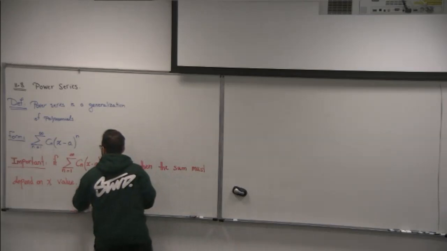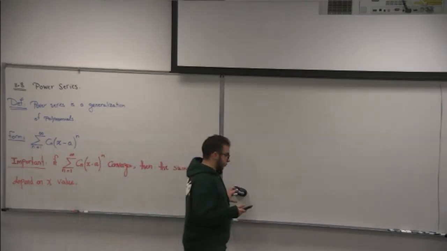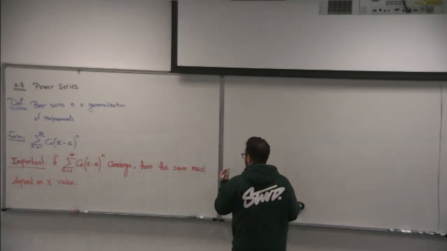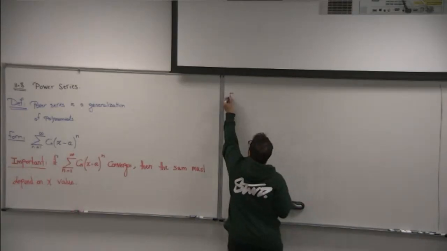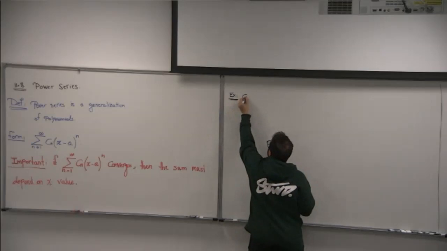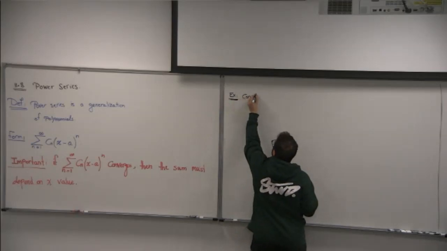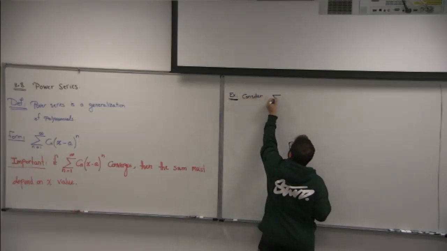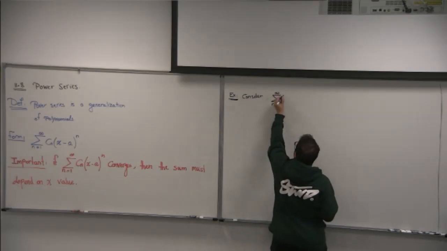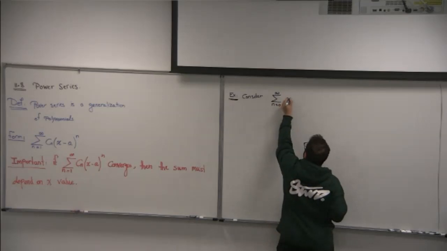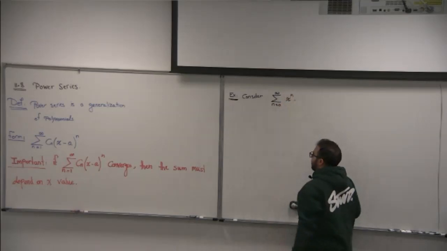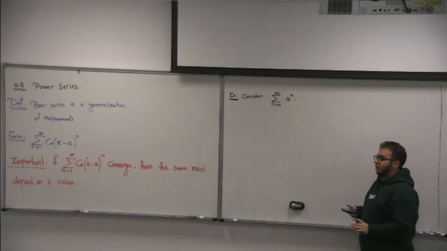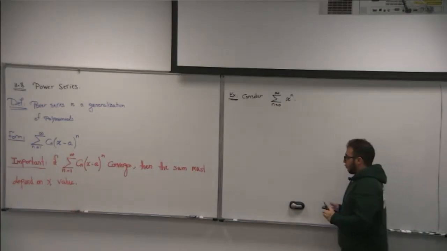Let's take an example on this, which is something that you've seen before in 11.2. Consider the series from n equals 0 to infinity of x to the power n. Very basic example, but this is something that we've seen in 11.2.